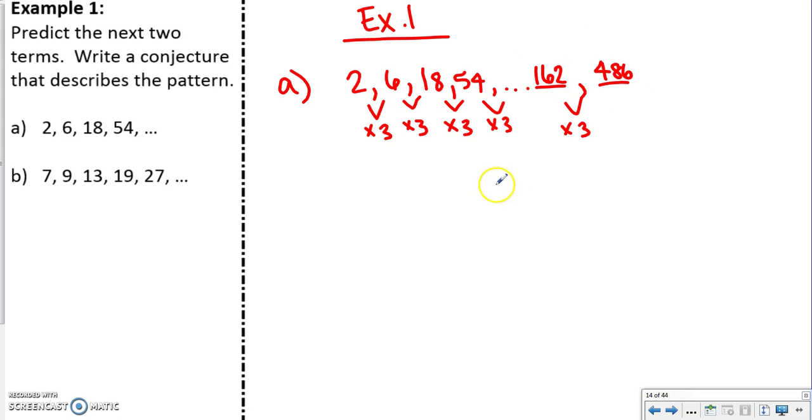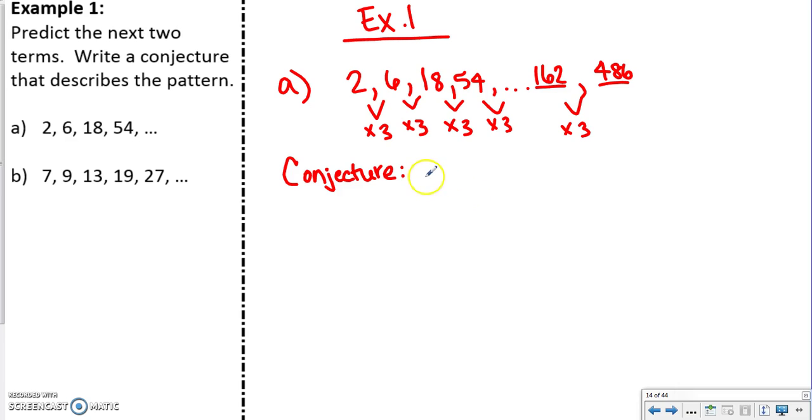Okay? Now the next part is we need to write a conjecture that describes what's going on. And there's 2 pieces that you have to have in it. You have to say something about what you're doing to the previous term to get the next term. Okay, so here you can't just write multiply by 3. Well, what am I multiplying by 3? What is that going to give me?